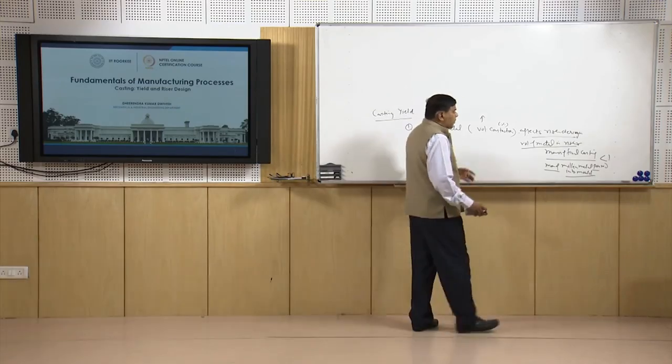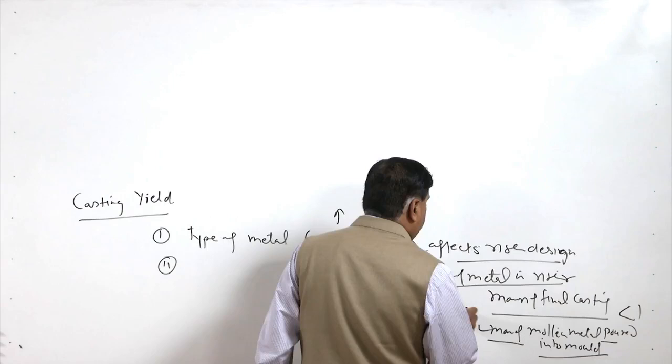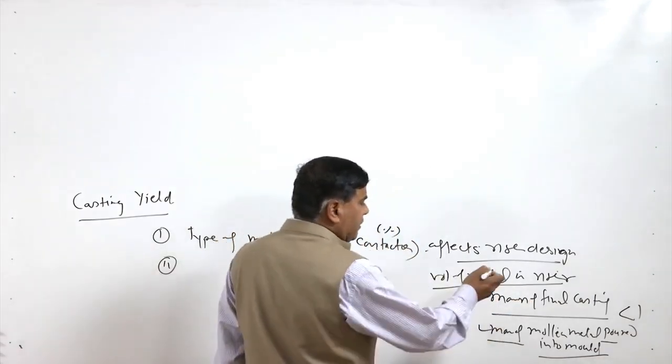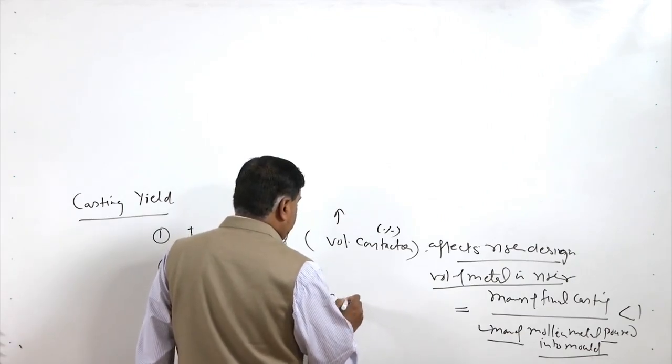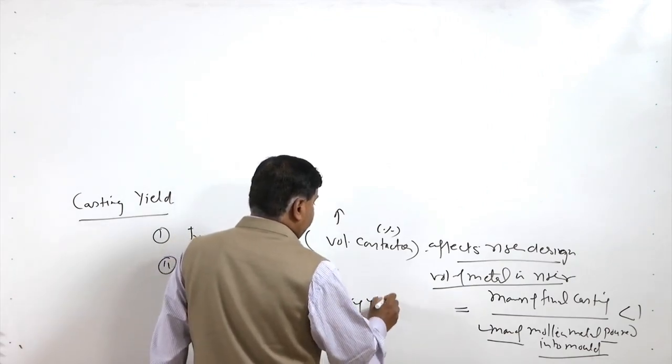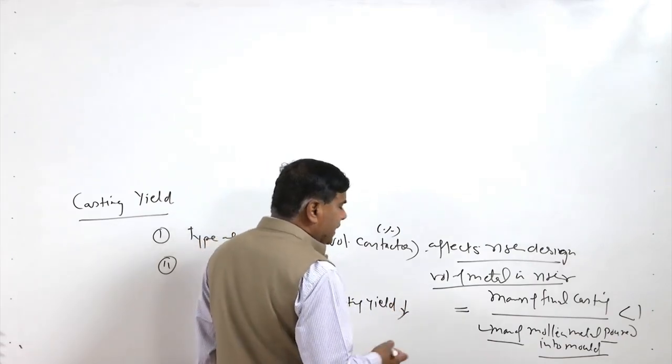But whenever this amount is increased, even for a given mass of the final casting, our casting yield basically decreases.